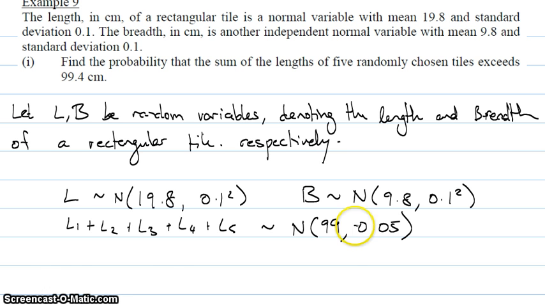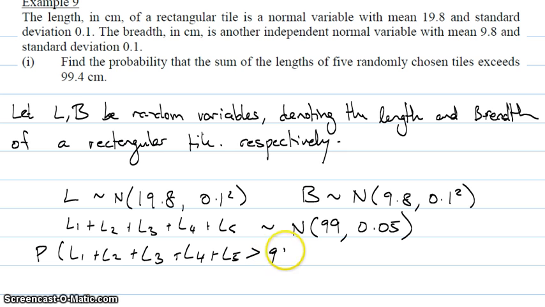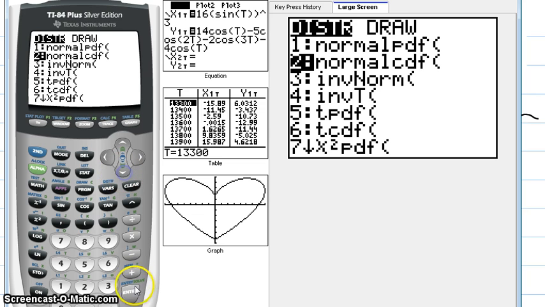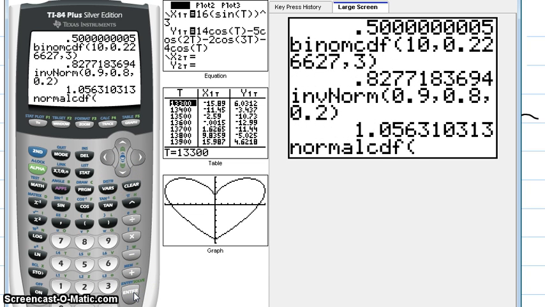So what is the probability then of L1 plus L2 plus L3 plus L4 plus L5 being greater than 99.4? Well, we look at our calculator. So we go and we want the normal, so distribution, normal CDF. And remember, it needs to be greater than 99.4, so 99.4 is my lower bound.